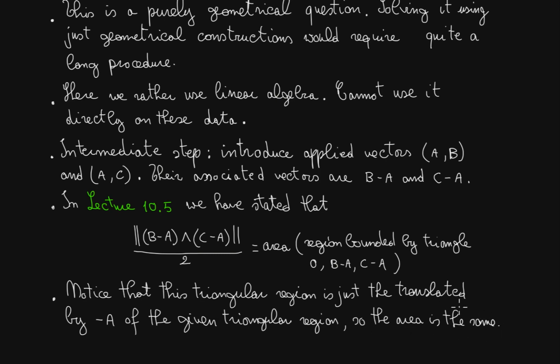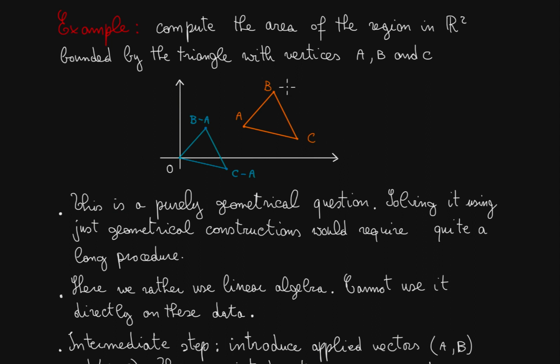To sum the procedure up, we started from a purely geometrical problem, the one of computing the area of this triangular region. The vertices are denoted by A, B, and C. We give a mathematical model to this geometrical problem, introducing 2 applied vectors. One is AB and the other is AC. We cannot use linear algebra on applied vectors. Therefore, we consider the real vectors associated to these applied vectors.